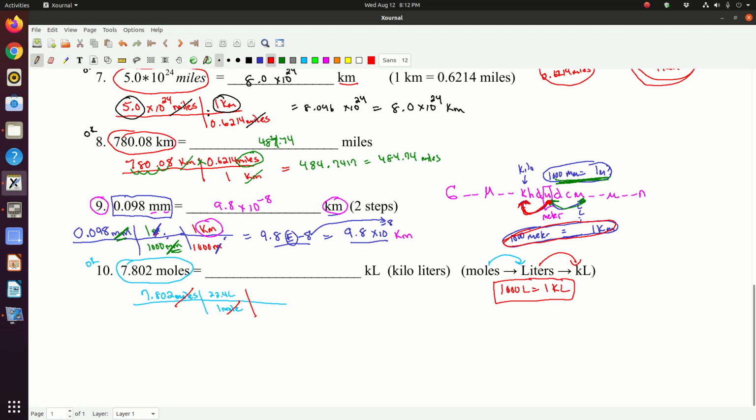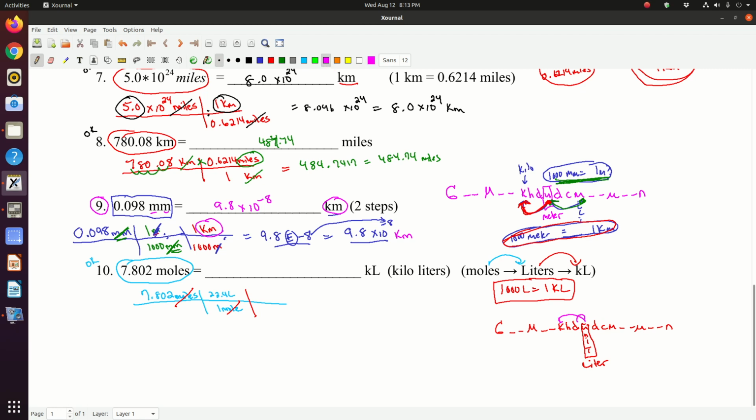Okay? And then I'll use the chart for this one. Giga, mega, king, Henry, drink, ucky, dark chocolate milk, micro, nano. All right, in this case, the unit is a liter. And we're going from a liter to a kiloliter.